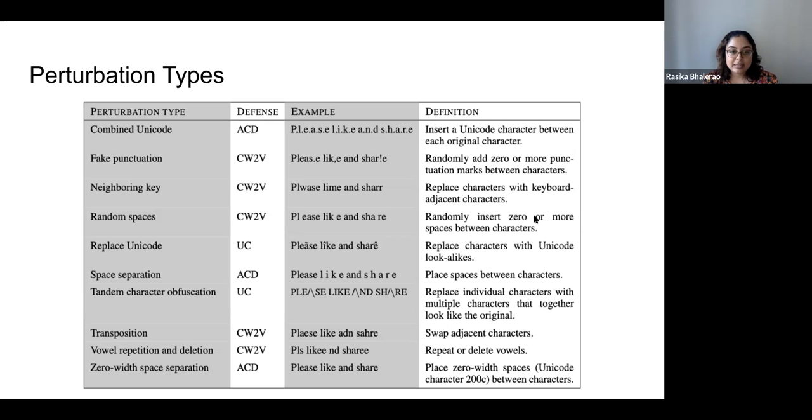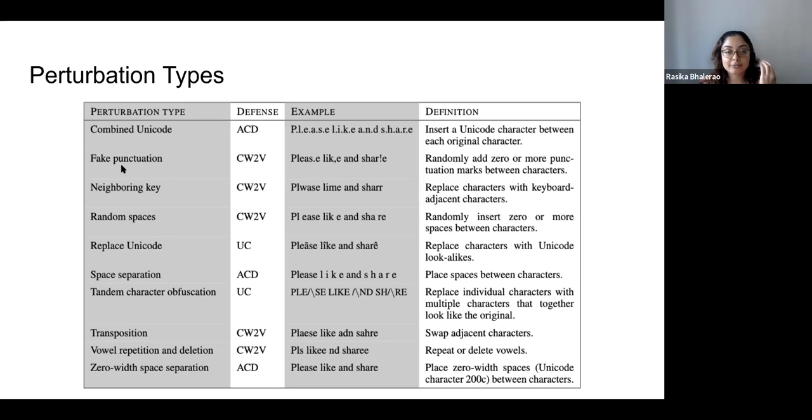You can see that space separation is combined Unicode where the character is a space. In the example, you can see like and share have spaces between them. And similarly down here, 0 with space separation is where the Unicode character is the 0 with space. That looks the same to a human, but it looks different to a computer. So those are 3 of the perturbation types.